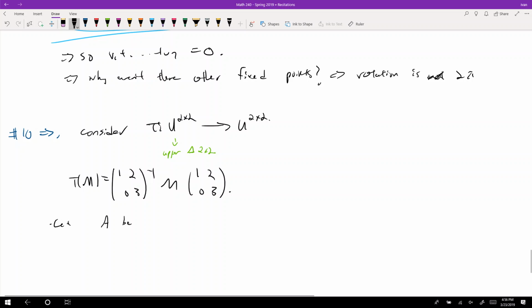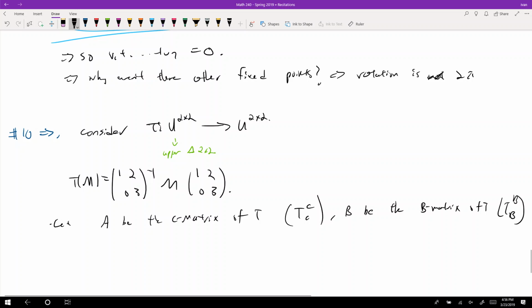The notation isn't great. And let B be the B matrix of T, which is T_BB. And let P equal the change of basis matrix P_BC, B to C.